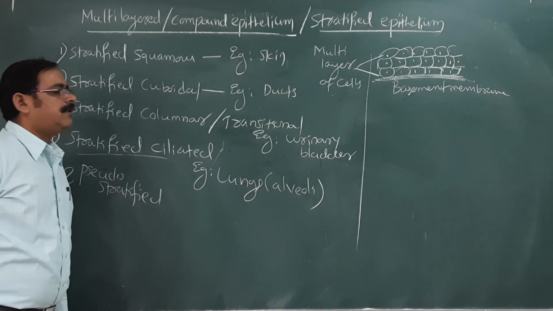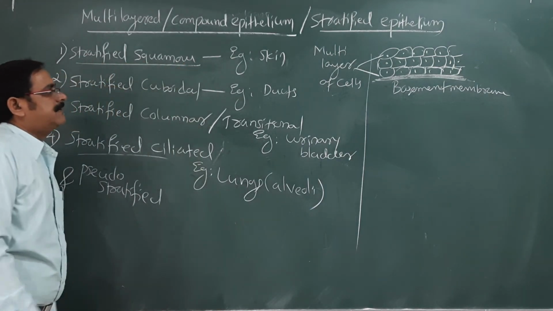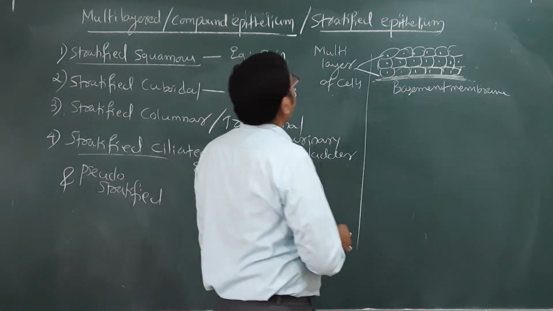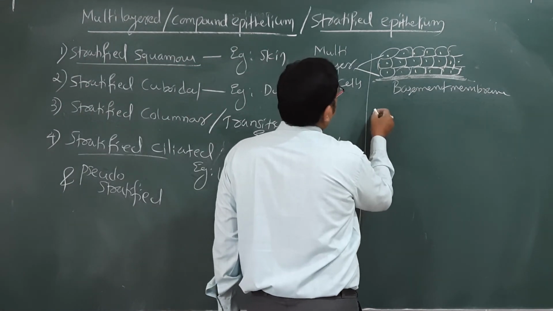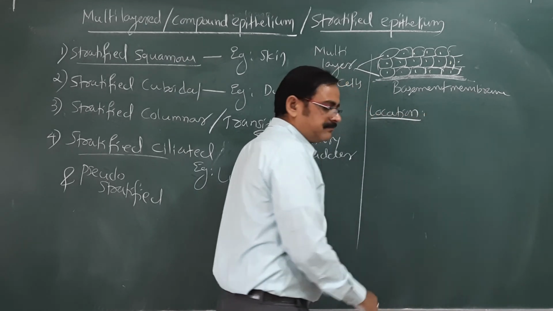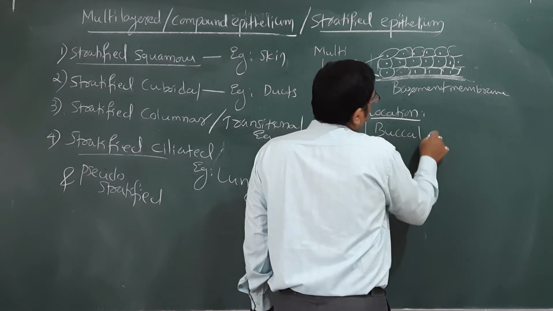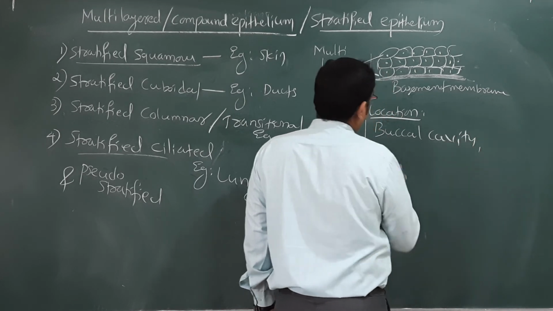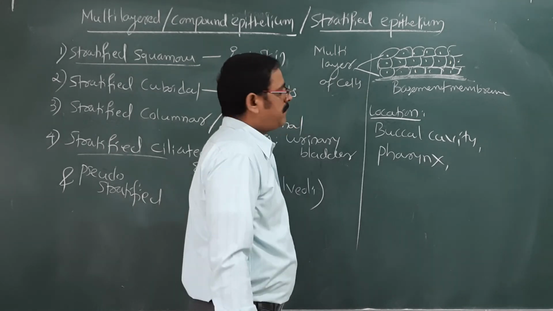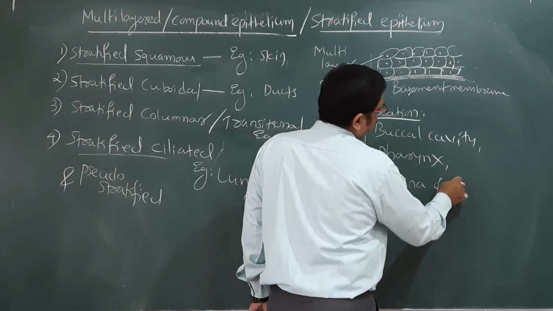Let me tell you where the stratified squamous epithelium can be seen: in the skin. Location wise, the compound epithelium is seen in the buccal cavity, in the pharynx, and also in the vagina and cervix.